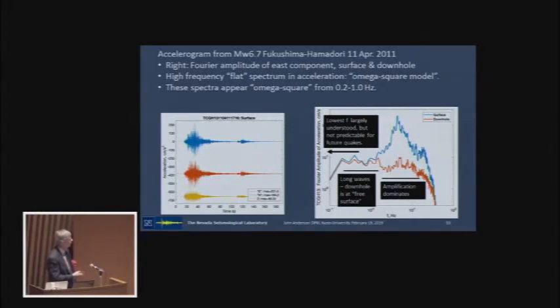And what we see here is downhole, the spectrum is relatively flat, whereas at the surface there's this huge peak. So can we say that the source spectrum is relatively flat, omega squared, or not?